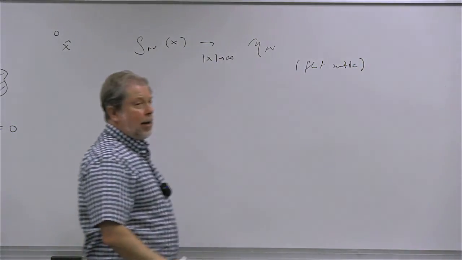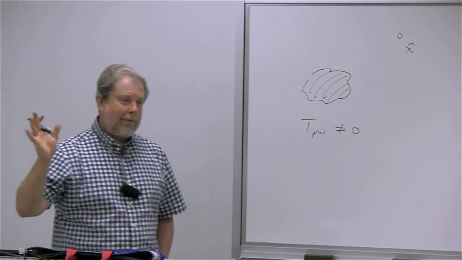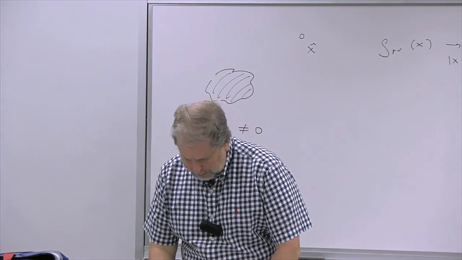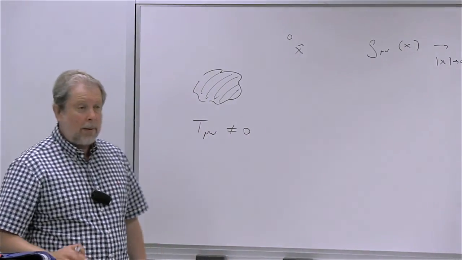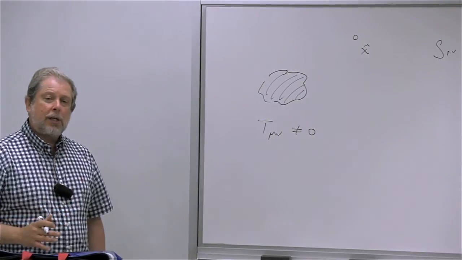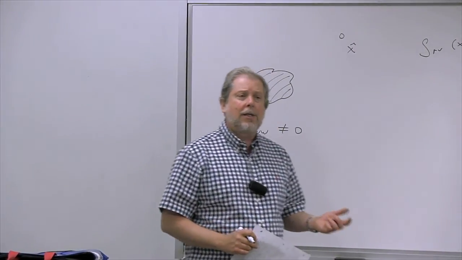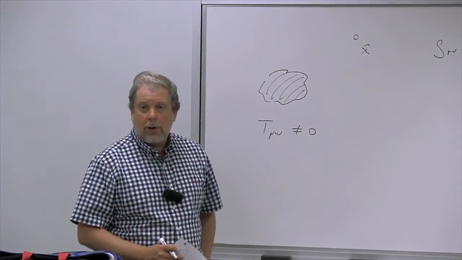And the real universe, of course, is not like that. If we go out to infinity, there's always some mass distribution that plays a role. But nevertheless, from a mathematical point of view, we can talk about this. And if this is the case, then there are certain results you can derive from it. And obviously, this is a nice case to play with, a case where the fields all go to 0 at infinity.